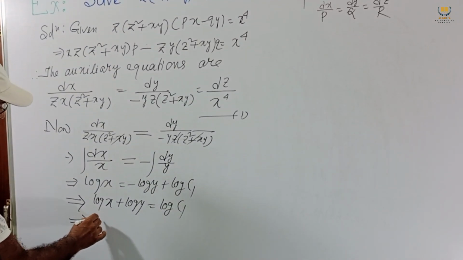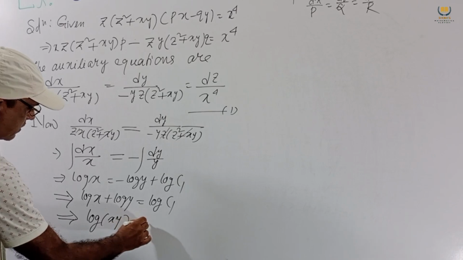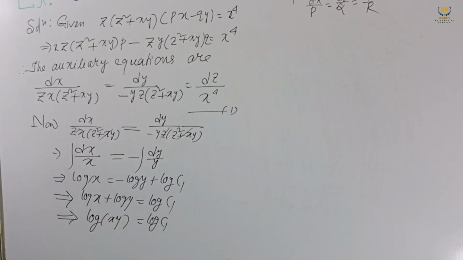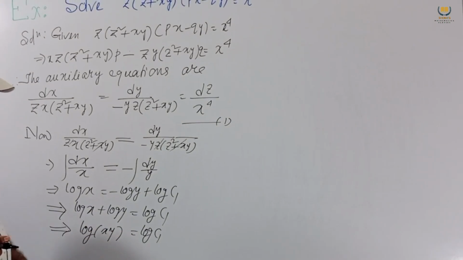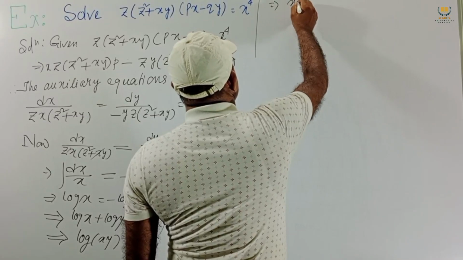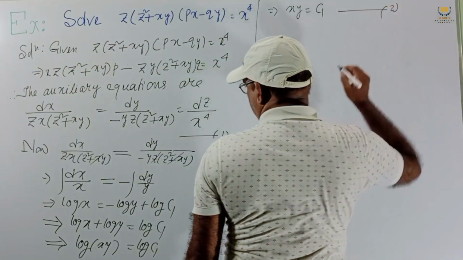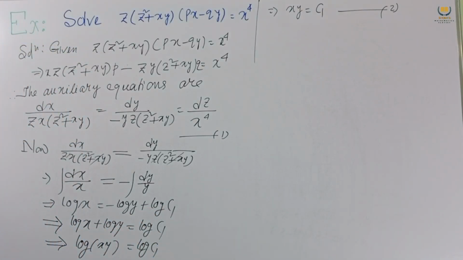In logarithm, if plus is given, we write the product, this equal to log c1. Now this is xy equal to c1. This implies xy equal to c1. This is number 2.